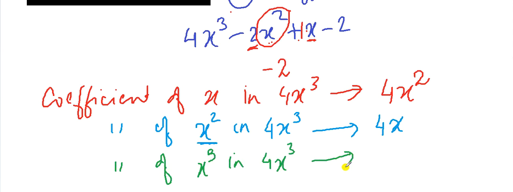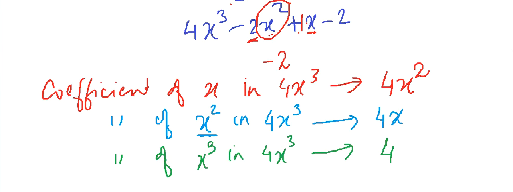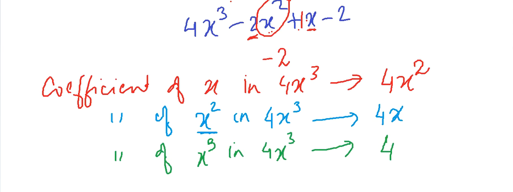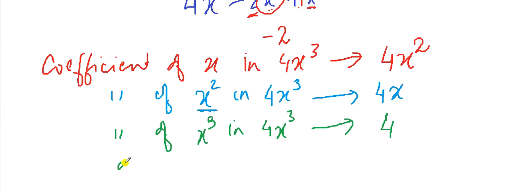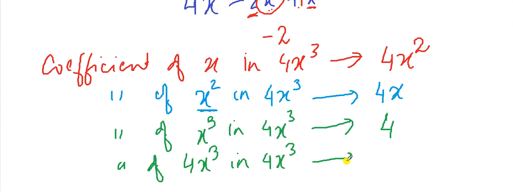Hope you have guessed the answer by this time. It is 4. And one more question. What will be the coefficient of 4x cube in 4x cube? Any guesses about the answer? It is not 0, but it is 1. So hope this term is clear to you.